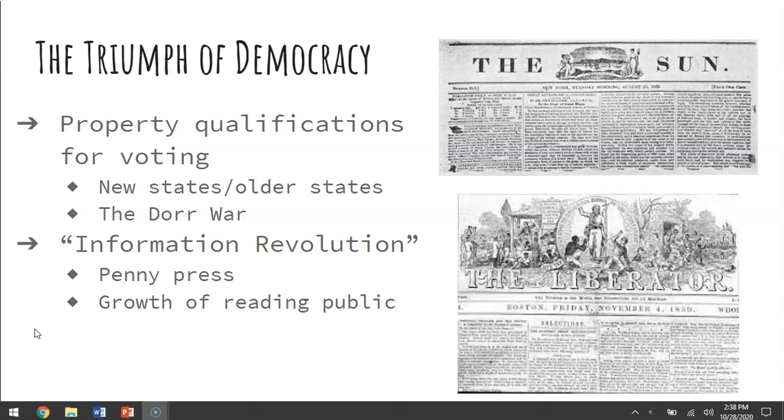Because the cost of printing was reduced, it made possible the appearance of alternative newspapers in the late 1820s and 1830s. Things like the Freedom's Journal, the first black newspaper, the Philadelphia Mechanics Advocate or other labor publications, the abolitionist weekly The Liberator, or even a newspaper called the Cherokee Phoenix, which was the first Native American newspaper.